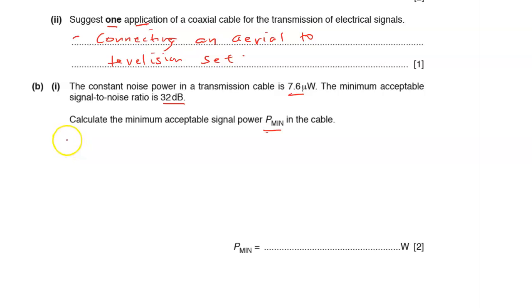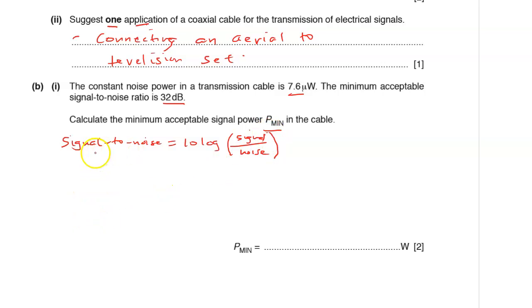Of course, you need now to write the signal to noise ratio, which is usually 10 times log 10, then signal here is the numerator, and the noise is the denominator right there. Okay, brackets there.